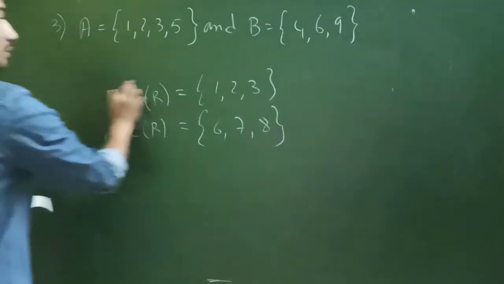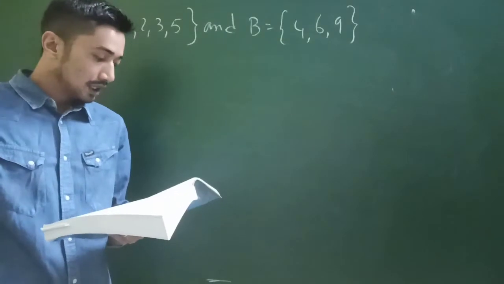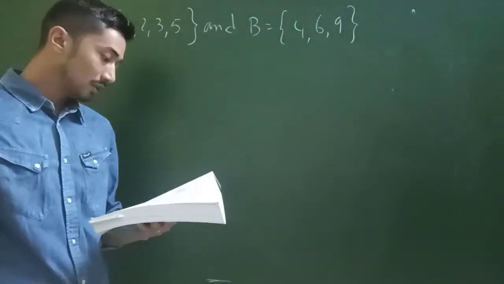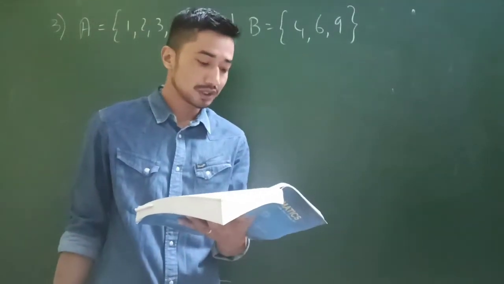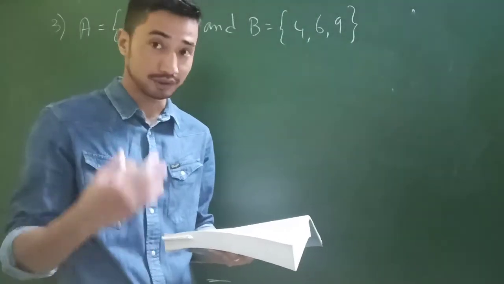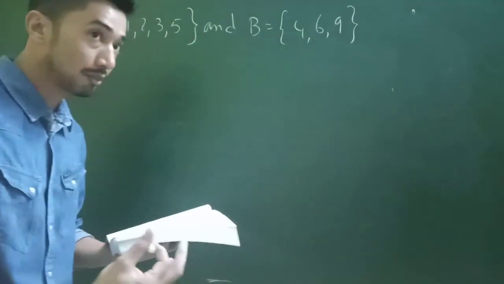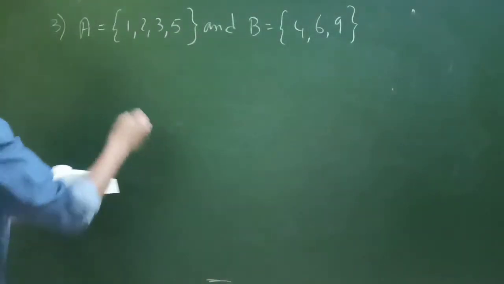That's why we have uploaded all these videos, so that you can make the most of it. So A is 1, 2, 3, 5, and B is 4, 6, 9. Now the question is to define a relation R from A to B. Be careful.